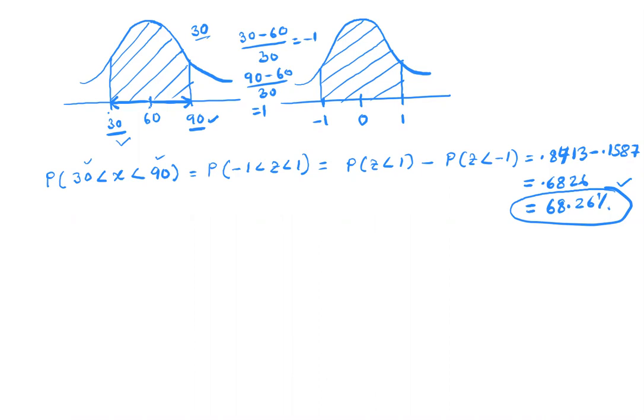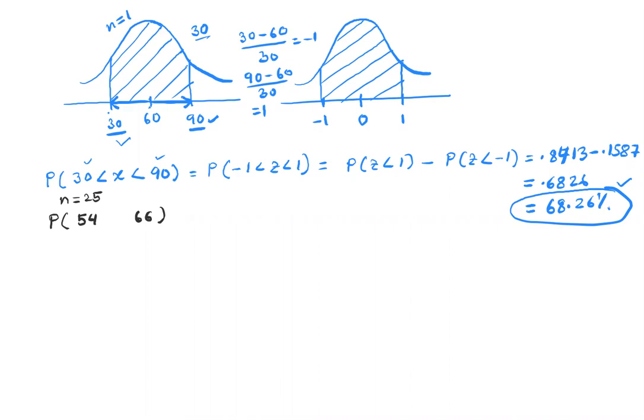Keep in mind, this is for a sample size of 1, meaning we are talking about the population. In the next problem, however, it is asking you to find the probability that the average, so now we are dealing with a sampling distribution, the average of 25 people, falls between 54 and 66.